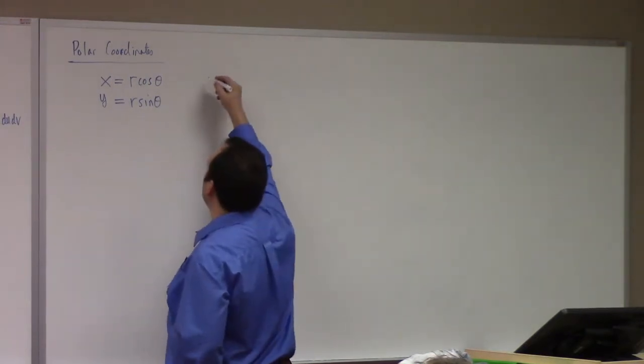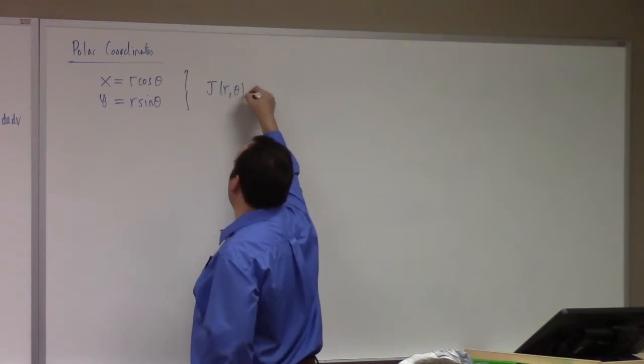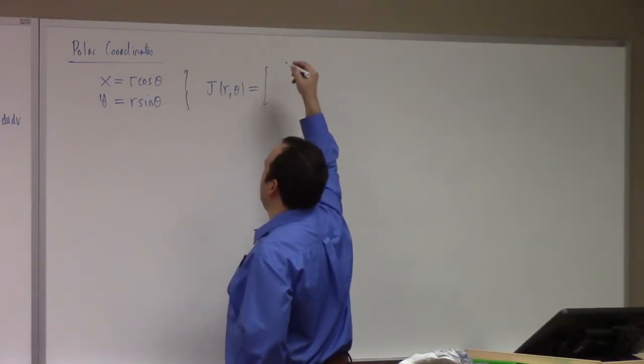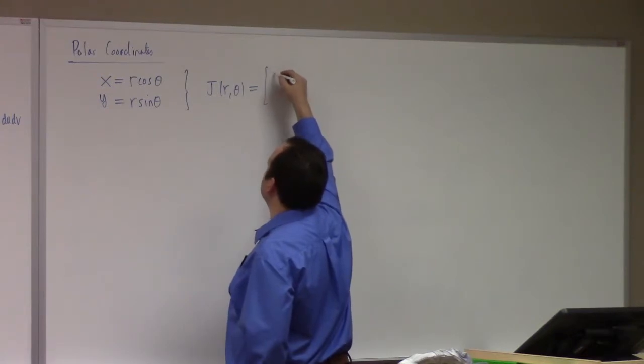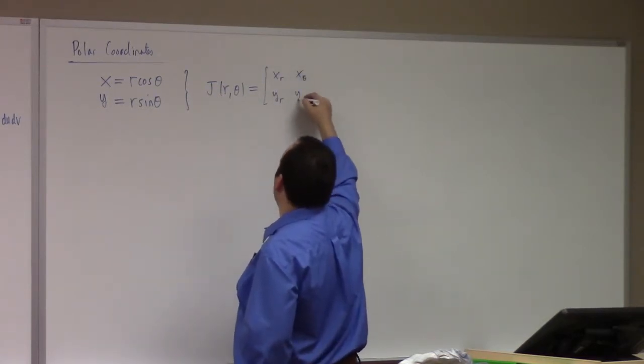So the Jacobian with respect to r and theta, well, the Jacobian matrix is what? Let's write it out: x_r, y_r, x_theta, y_theta, right?